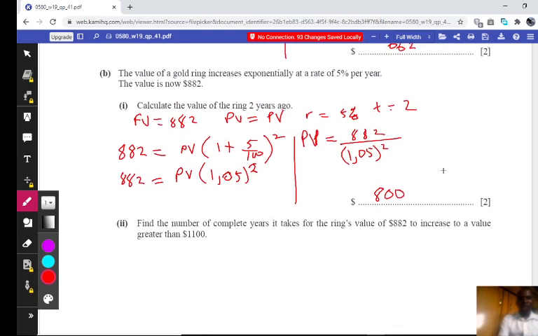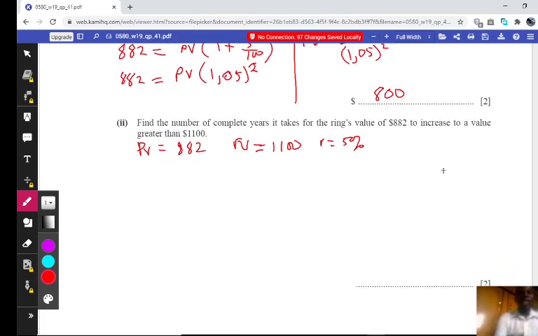You're using the same information as above and the same formula, but our PV now is 882. Then our future value is supposed to be greater than 1100. The interest rate is 5%. What we want here now is the time. That's what we don't have.